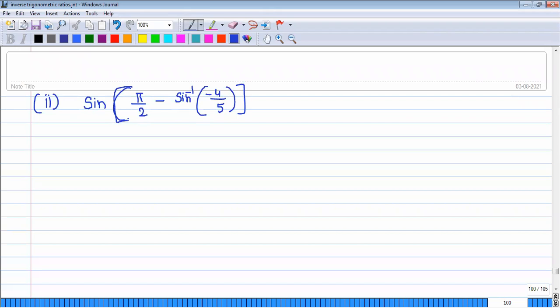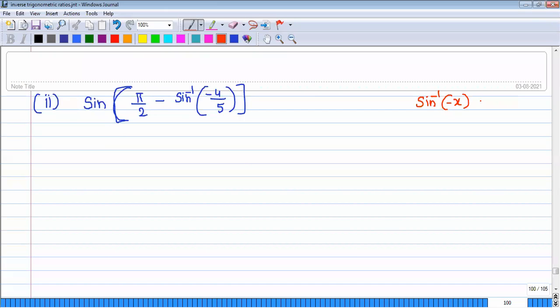Okay, try to find this value. First apply this formula. 3 by 5, sir. Answer.